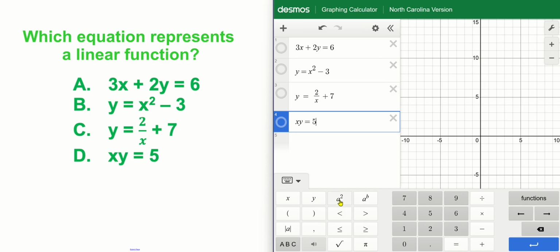So, ways we can do that. When you click the keyboard, the exponent.